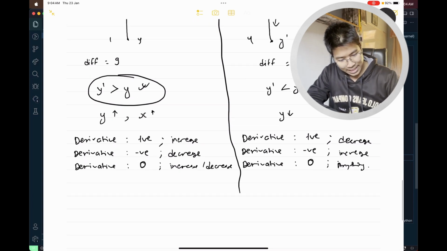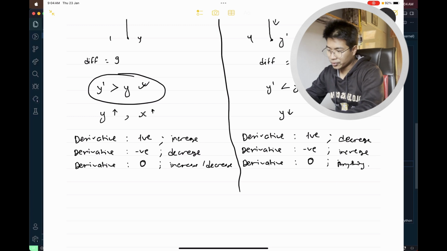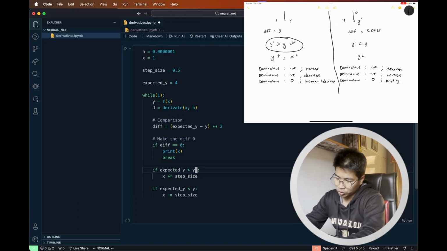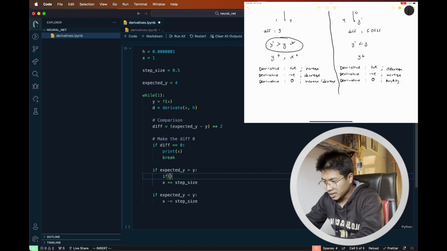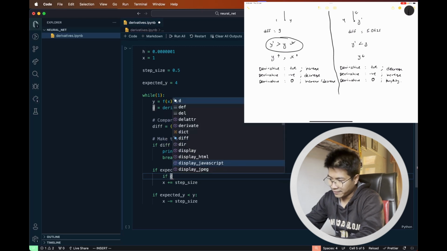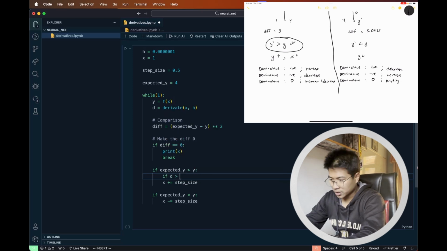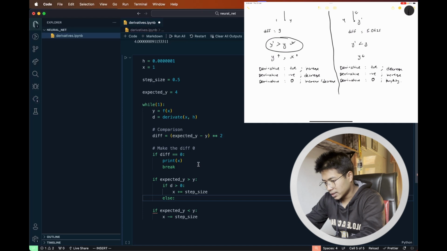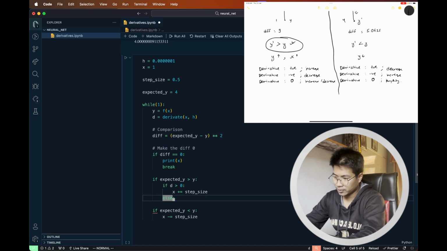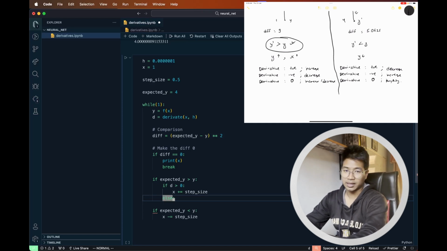So let's generalize this now. Over here you still have two cases. If your derivative is positive, greater than 0, what should you do? If you are less than 0, then it does not really matter, right? You can do anything.